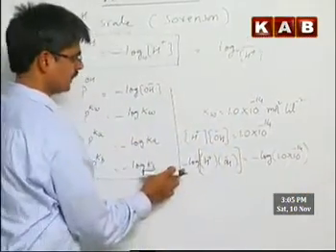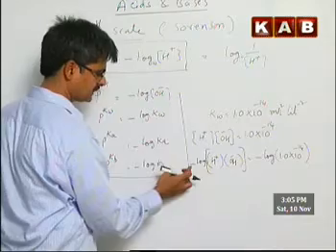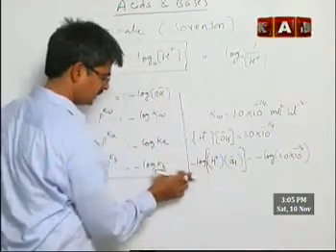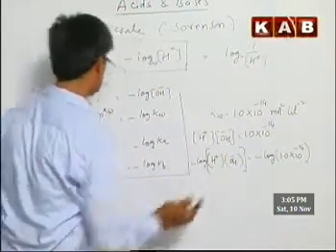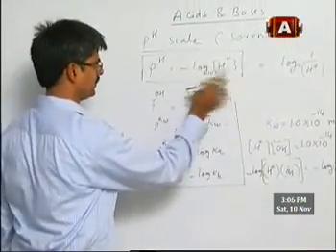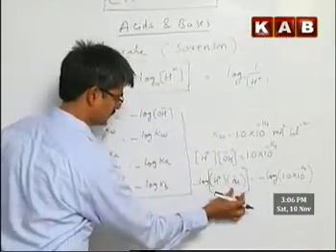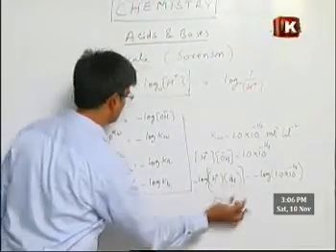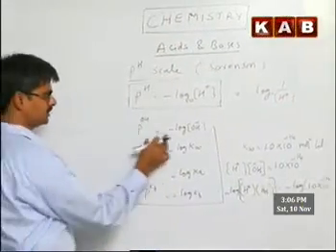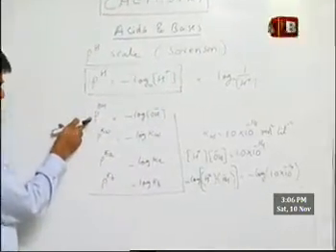This is equal to minus log H plus minus log OH minus. That minus log H plus can be written as pH for us. Similarly minus log OH minus can be written as pOH for us.